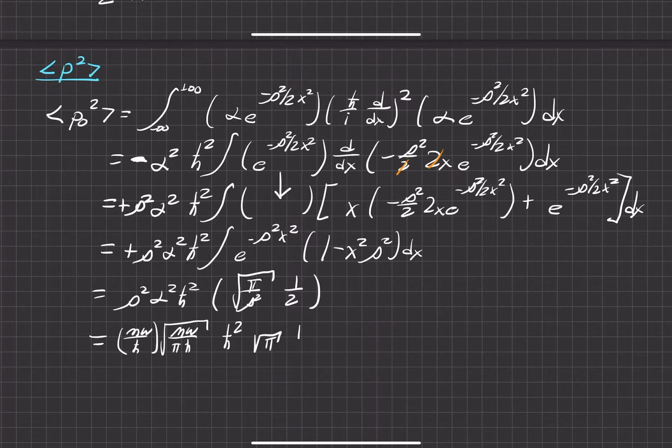Oh yeah, we have our rho squared. Square root of 1 over rho squared. So we'll just go ahead and write it like this. Times 1/2. Let's start knocking out like terms like this one, these two here, this pi right here.